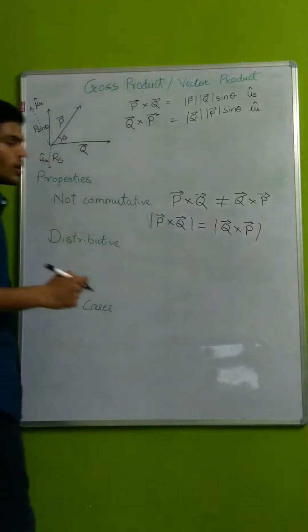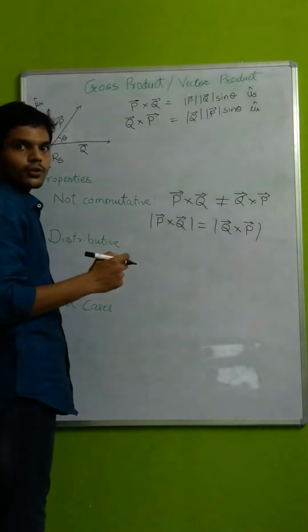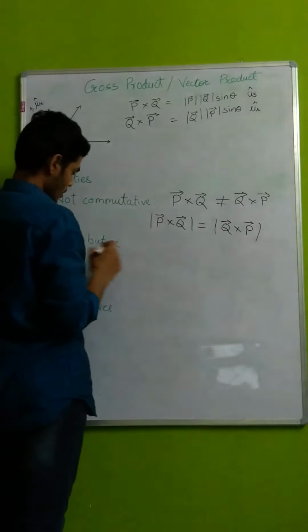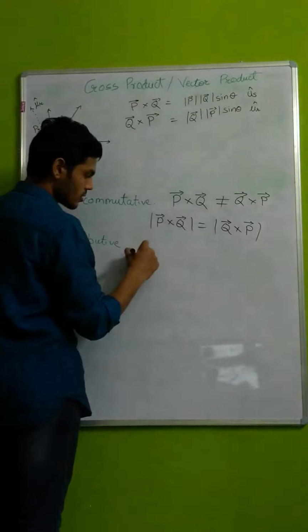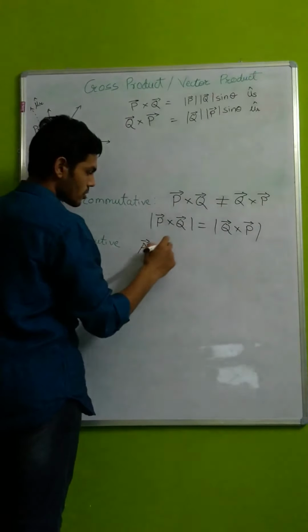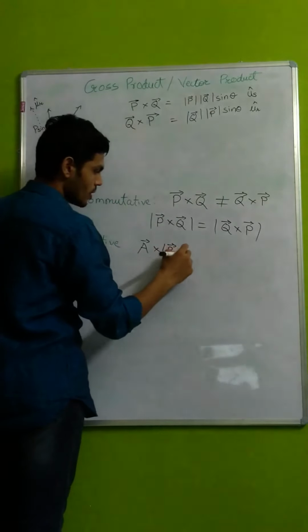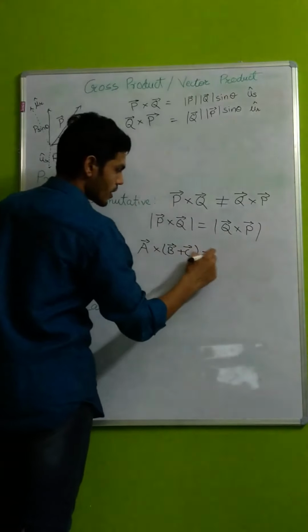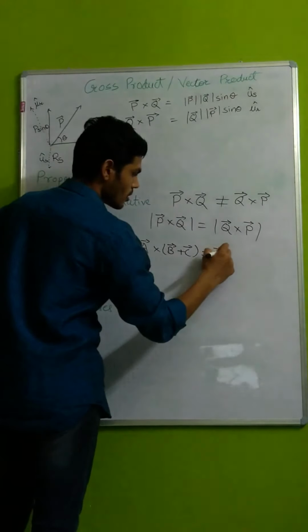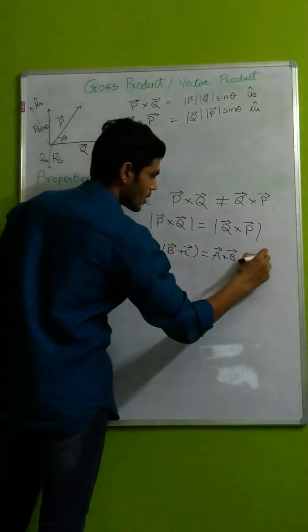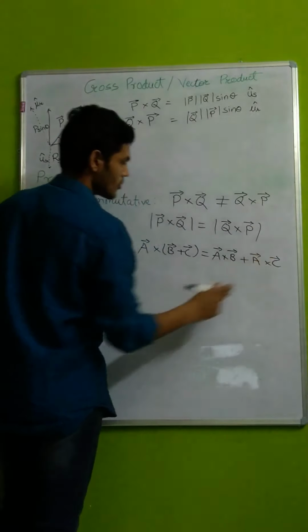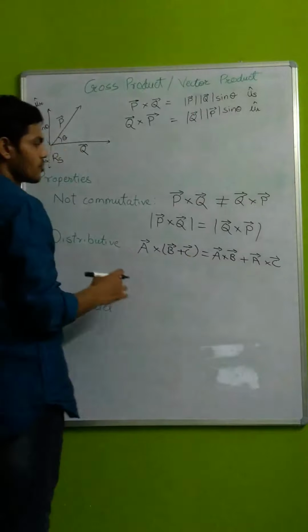Now distributive. We have seen what is distributive law in dot product. So similarly here also, if there are three vectors such that A cross B plus C, then we can distribute as A cross B plus A cross C. So this distributive law holds true.